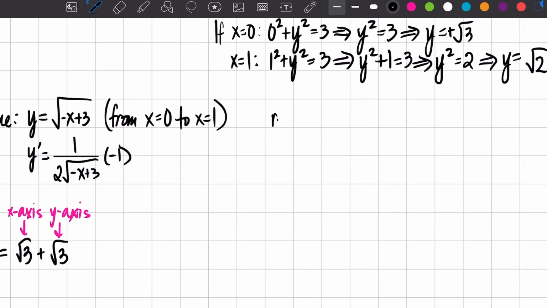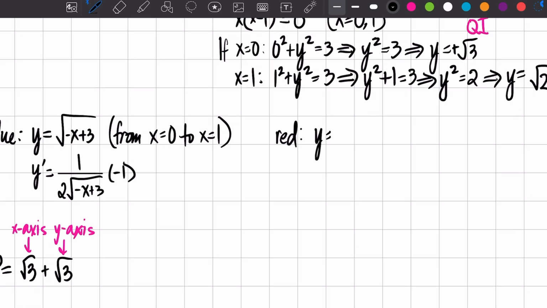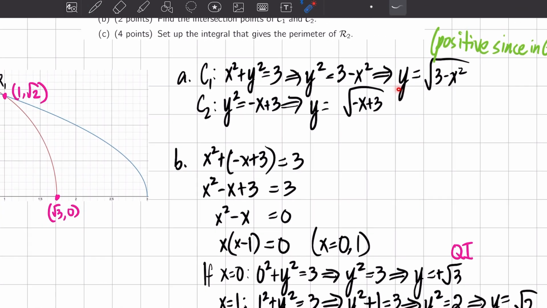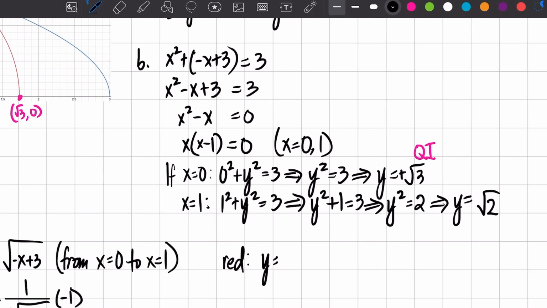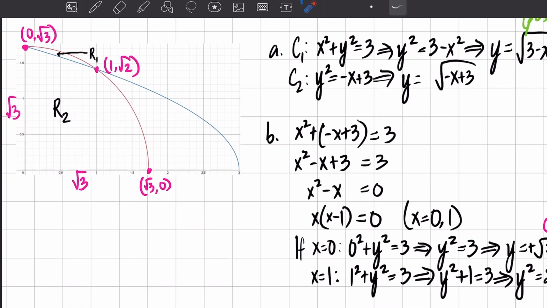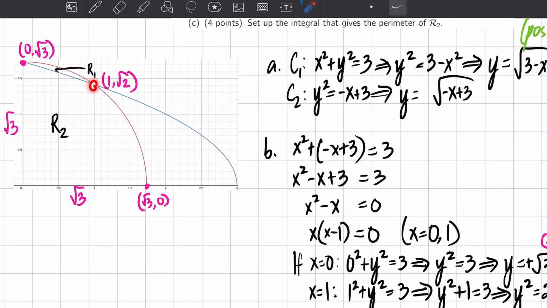And for the red curve, that's your circle. Our equation is y equals the square root of 3 minus x squared. We are obtaining the arc length from x equals 1 all the way to x equals square root of 3.